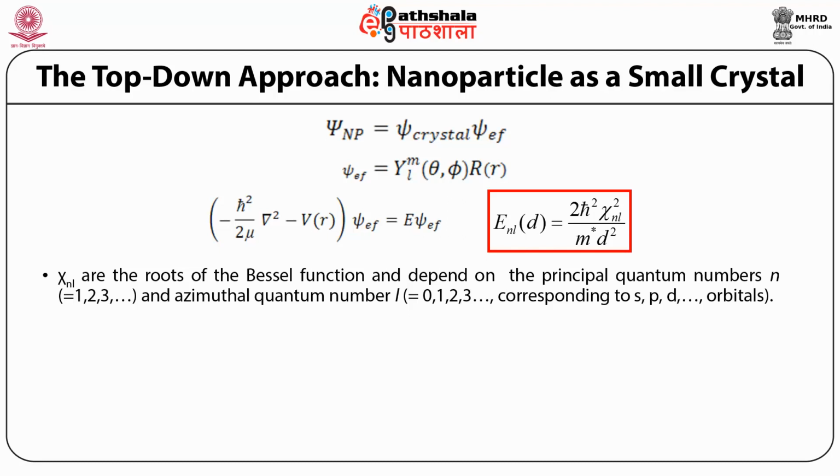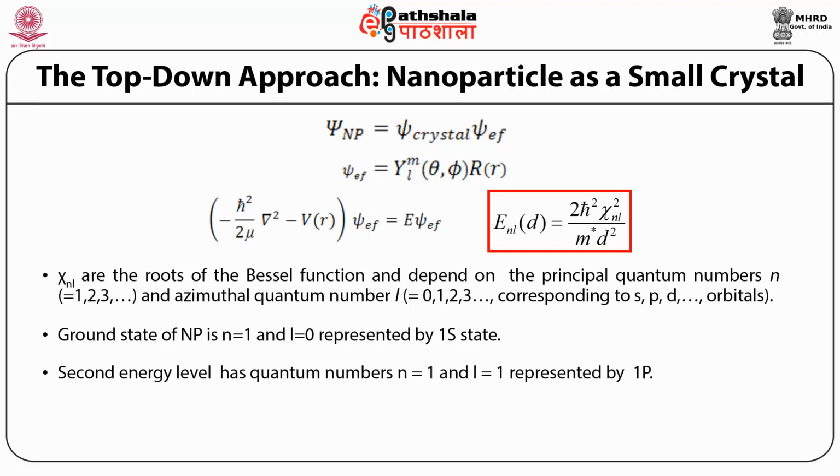So the Coulombic potential in the hydrogen atom puts a restriction on quantum number L, that is, L must be less than or equal to n minus 1. However, the constant potential in a nanoparticle puts no such restriction on the quantum number L. Hence, the ground state of the nanoparticle is n equal to 1 and L equal to 0, represented by the 1s state.